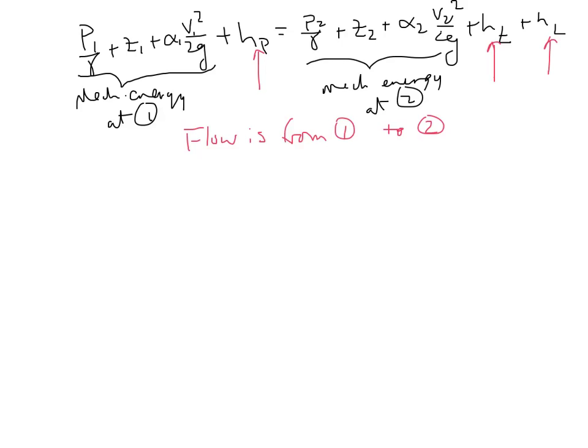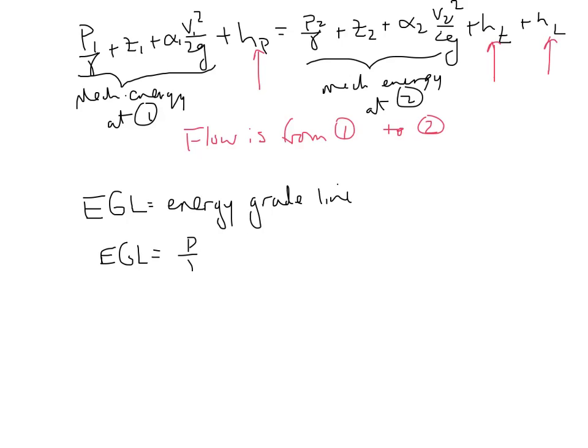Now, what we introduced today was the idea of the energy grade line. The energy grade line, EGL, is just this mechanical energy. So it's P over gamma plus Z plus V squared over 2G.